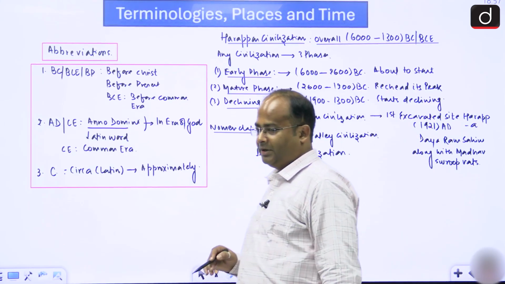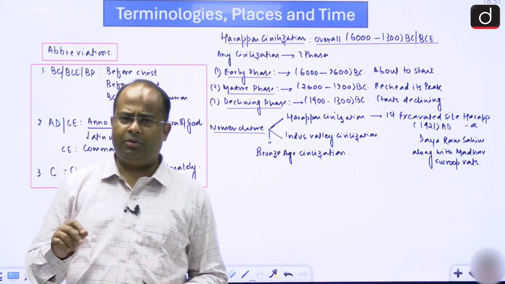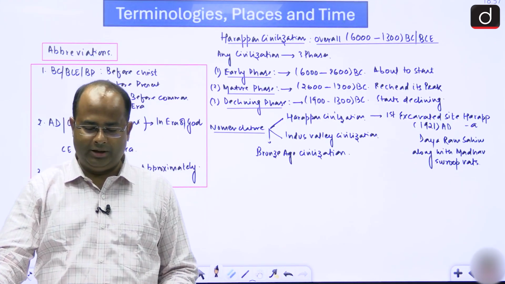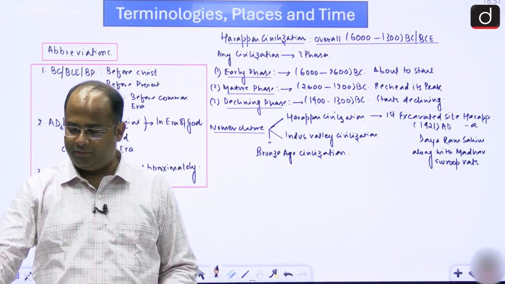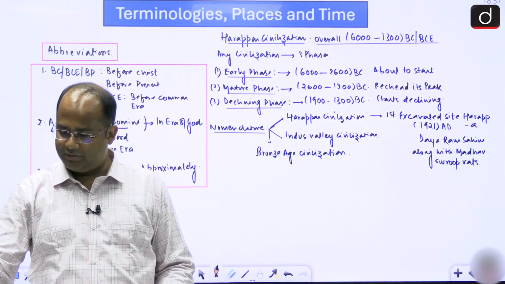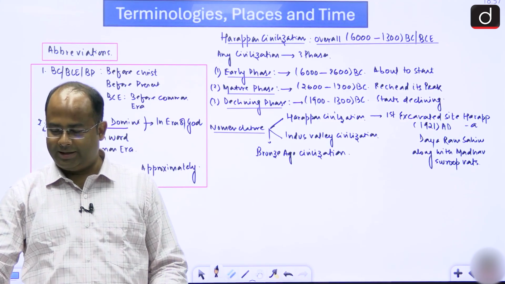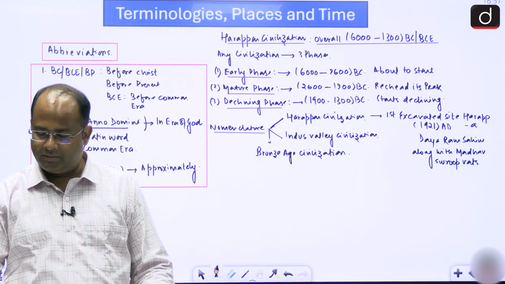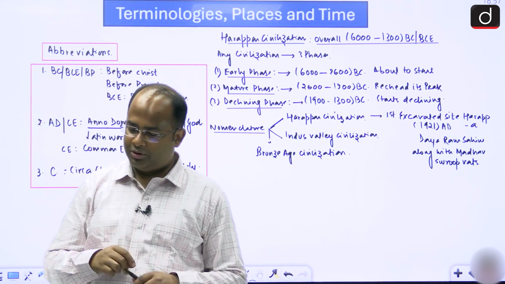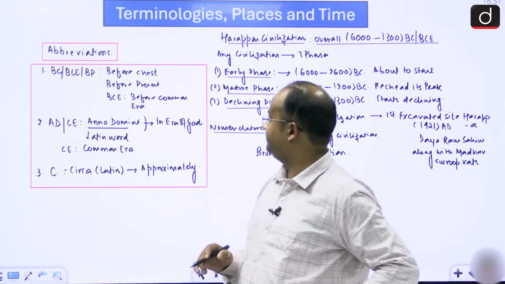So Harappan civilization, because the first excavated site was Harappa. There is a rule in archaeology that the name of the civilization is always kept on the name of the first excavated site. I hope it is clear.